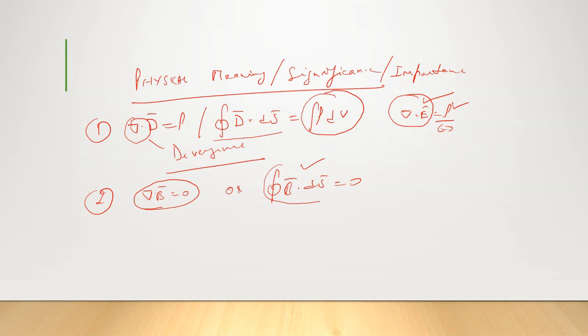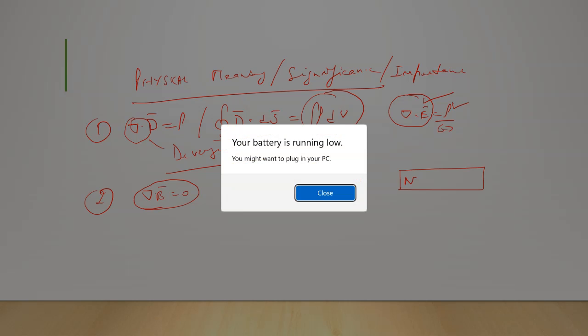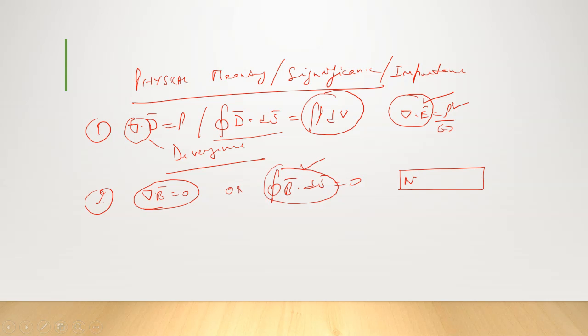For example, there is a magnet with a north pole and a south pole, and the lines of force are emitting from one and entering the other, so the net magnetic flux is 0. It proves that magnetic monopoles do not exist.